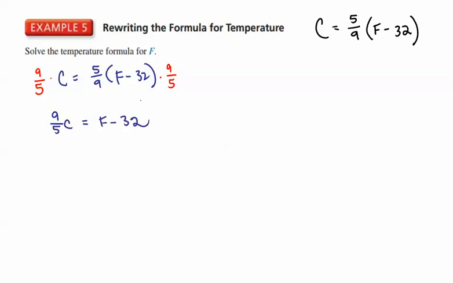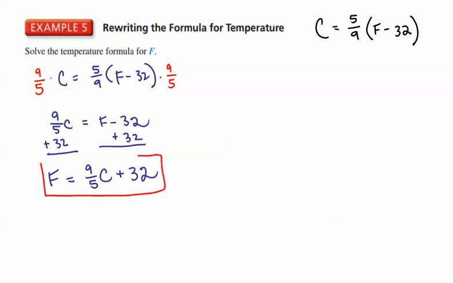And we're one step away from isolating. We would add 32 to both sides, and we would end up with Fahrenheit is equal to 9/5 of the centigrade plus 32.